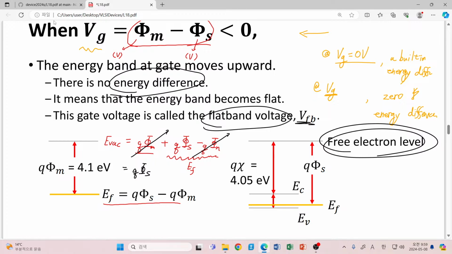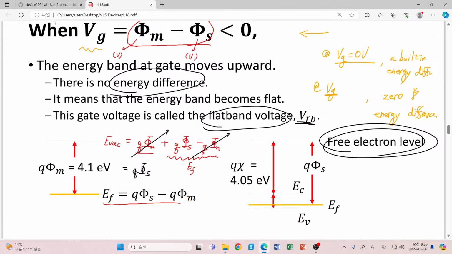So usually this flat band voltage is approximately -1 volt, and please think about the situation of your MOS capacitor at -1 volt bias. Then you will have a perfectly flat band profile.